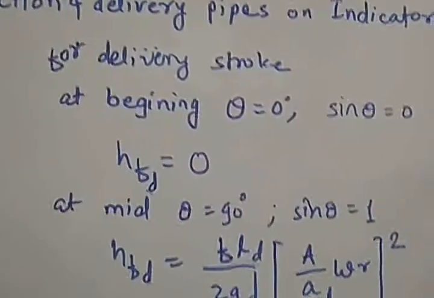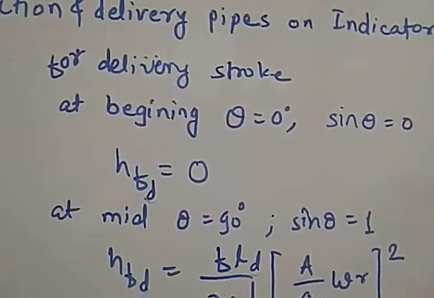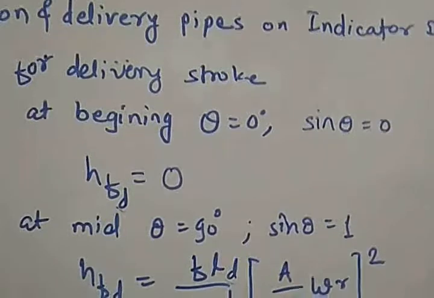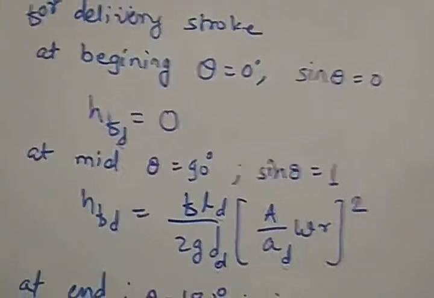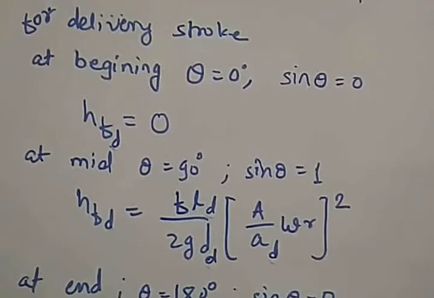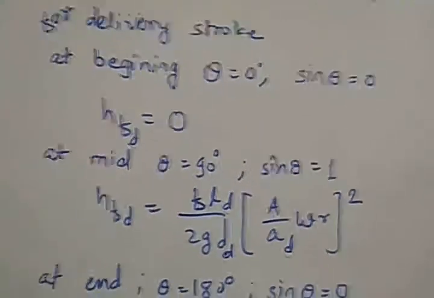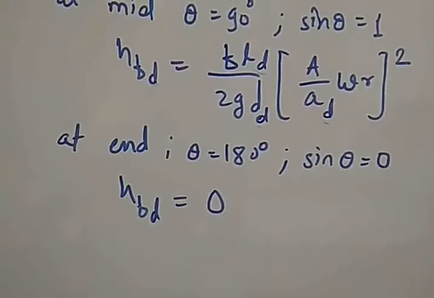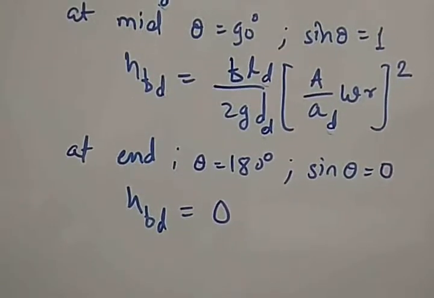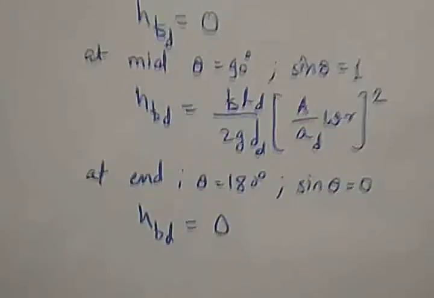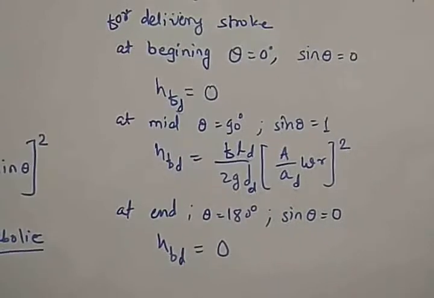At mid, the value of theta is 90 degree, I'll get sin theta equal to 1, so HFD will be FLD upon 2GD into (A by aD omega r) square. That is the maximum frictional head at the mid. At the end, as theta is 180 degrees, sin theta is equal to 0, HFD again becomes 0.